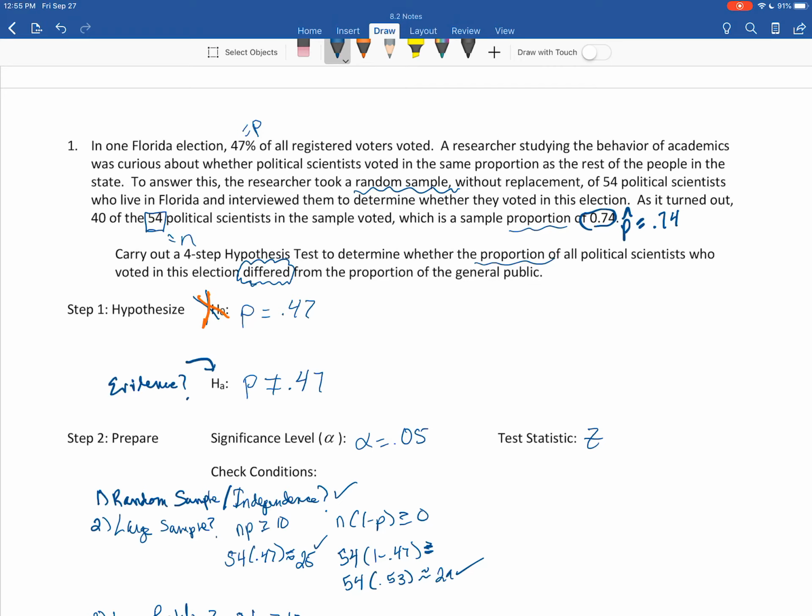What this is saying is more than likely, if we were to do this over and over again, if that 47% was true, we wouldn't keep getting things that are so far away. So now I don't think this 47% number is true, not for the political scientists. That's how the surprise is measured, right? Our p-value is very small, so we are very surprised by the result that we're getting. And that's what makes us jump ship on our H0 and go with the alternative.